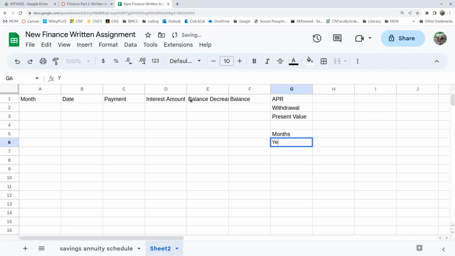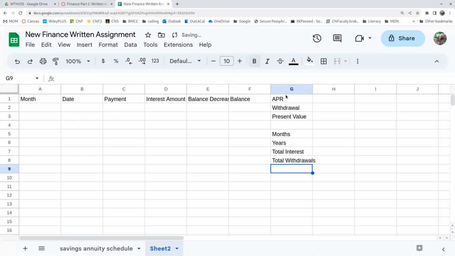Based on the months, I can tell you how many years it took for that to happen. I want to then also figure out what was the total interest I earned on the account while I was withdrawing money. And then I also want to know what is the total withdrawals. And all of this is spelled out in the assignment once you read through it.